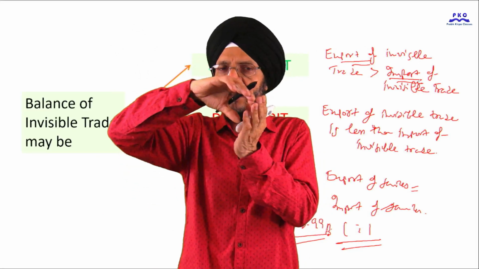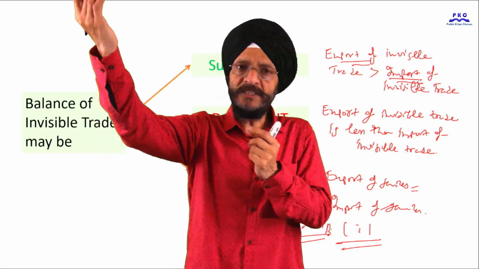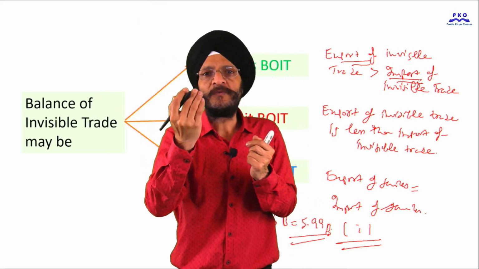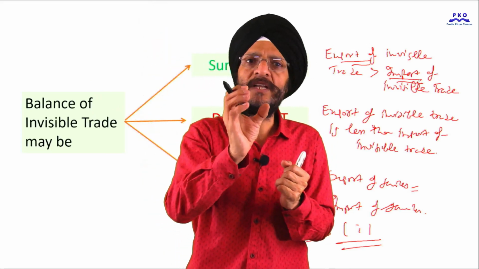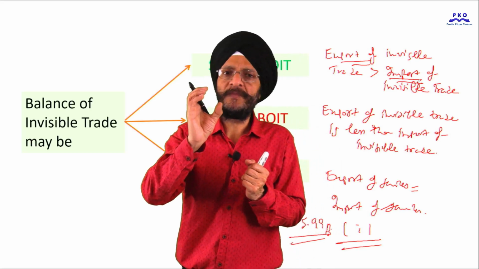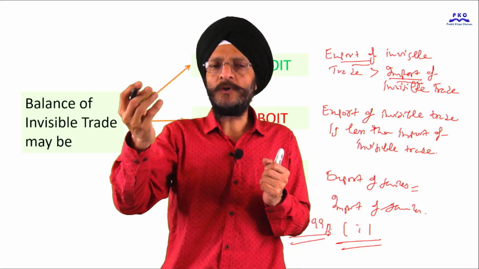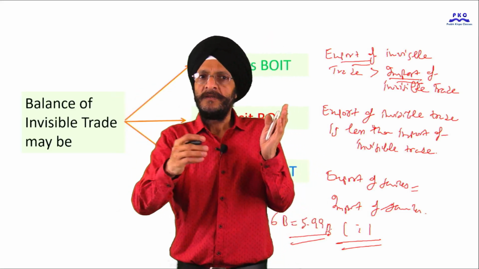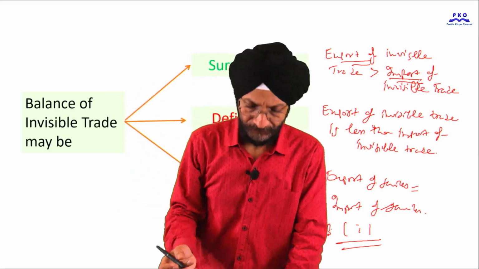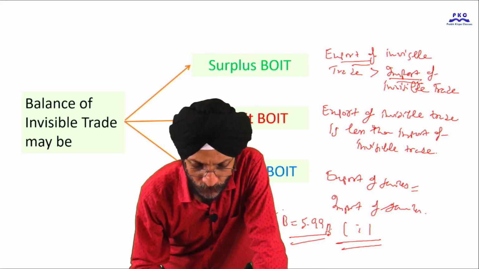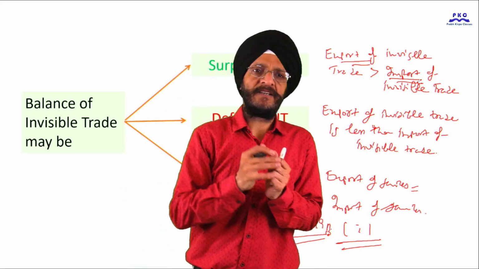That is, exports are more, imports are less. So there is a net flow of foreign exchange. So it may utilize this excess money which it is getting due to high exports for improving its economy, or it may use it to reduce its debt.